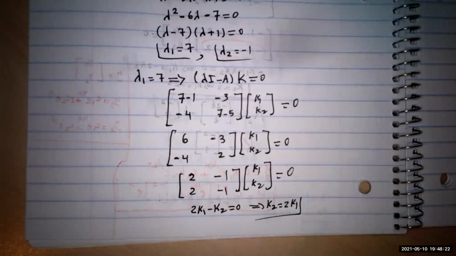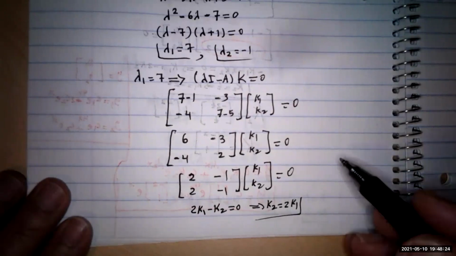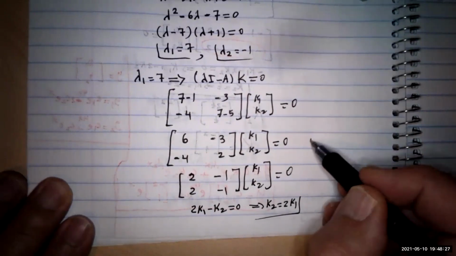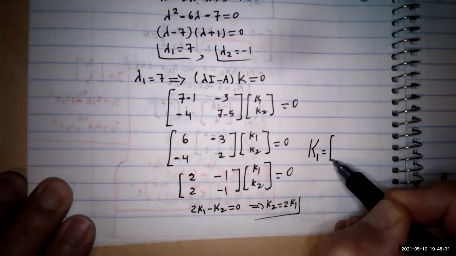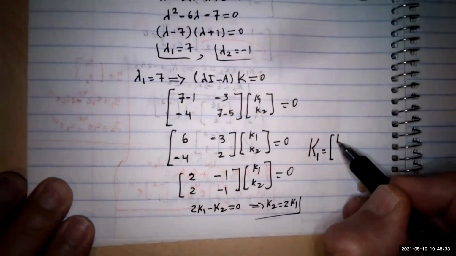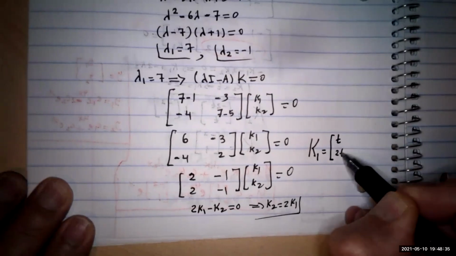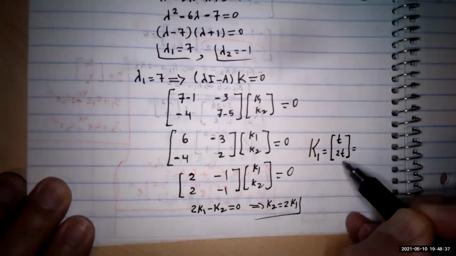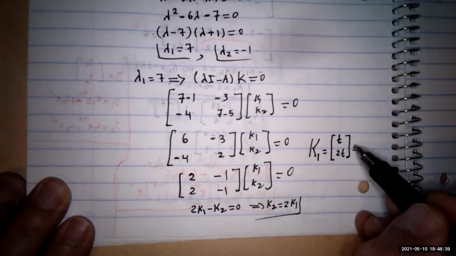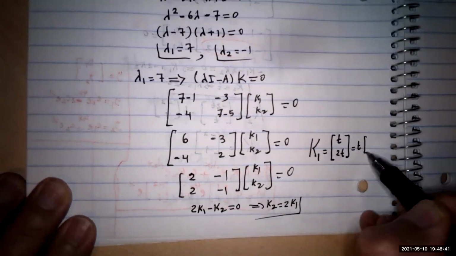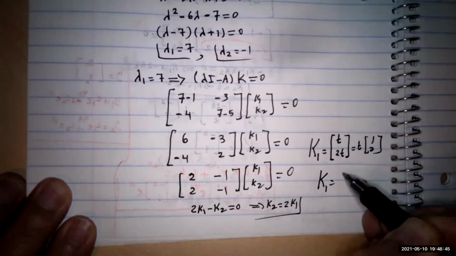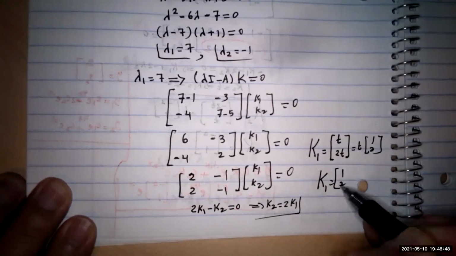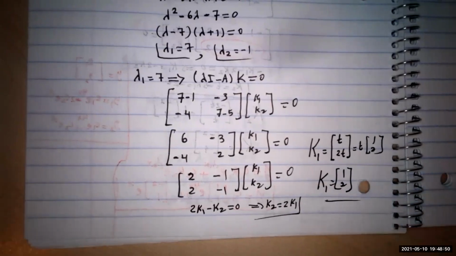So your first vector is going to be T and 2T. So it's going to be T times 1, 2. So you can take your K1 to be 1, 2.